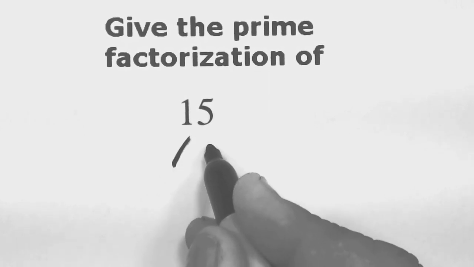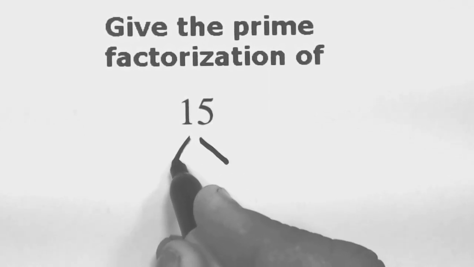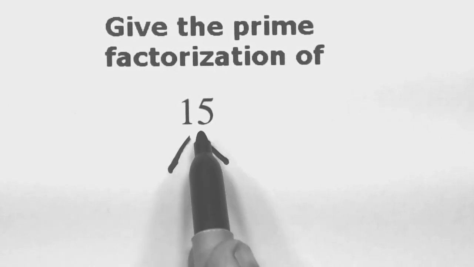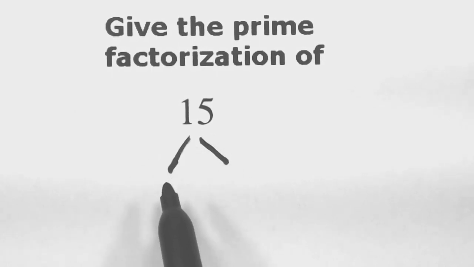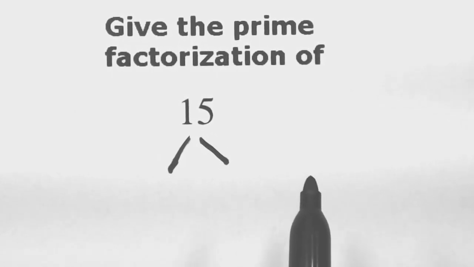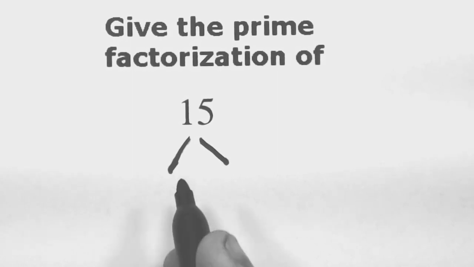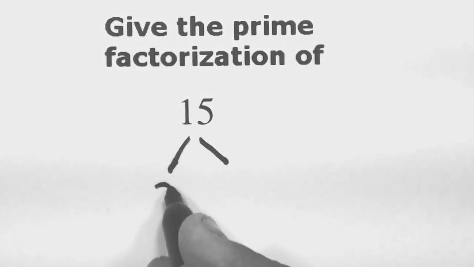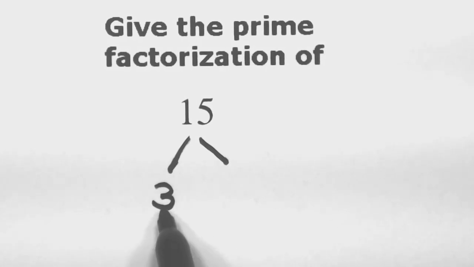I put a couple of branches down, and then I start thinking of the primes in order. The lowest prime number is 2. Does 2 divide into 15? No. So guess what? We can try the next prime. The next prime is 3. Does 3 divide into 15? It certainly does. So I put 3 at the end of this branch.